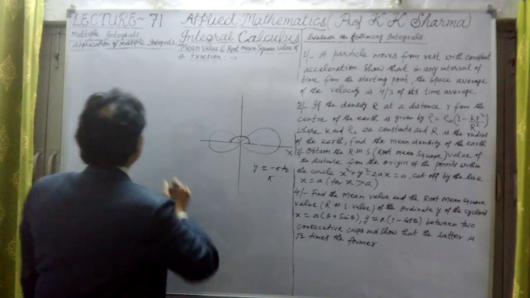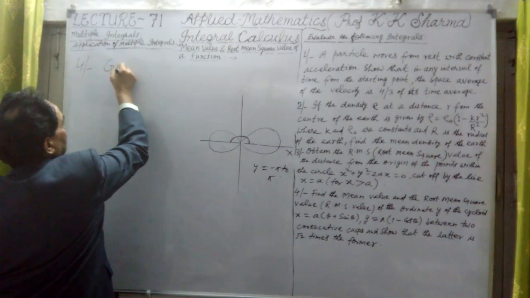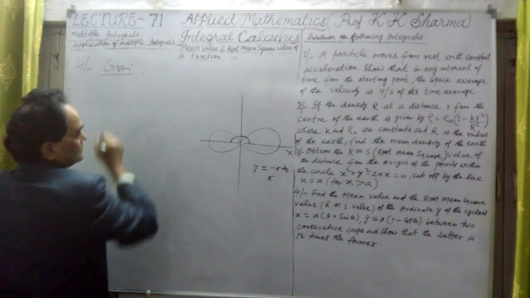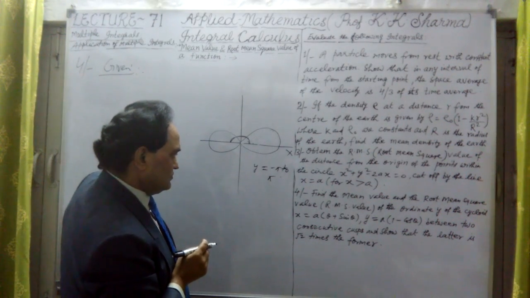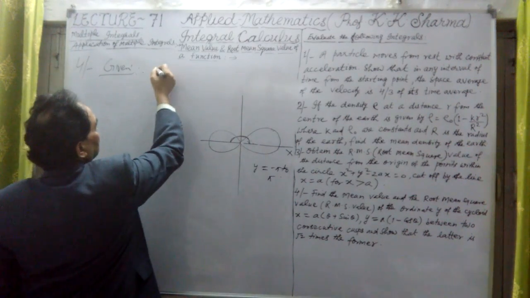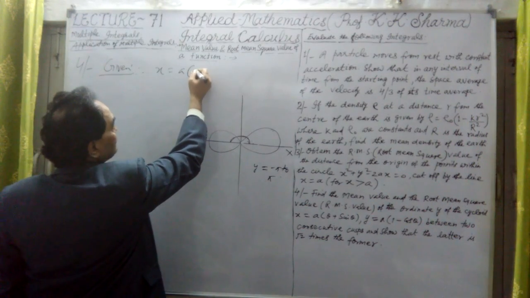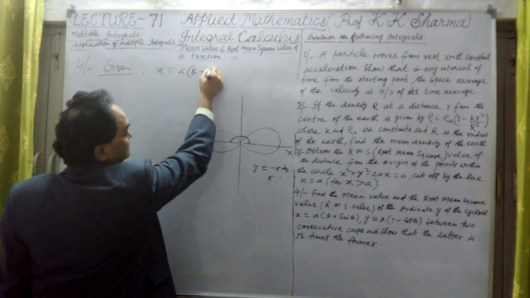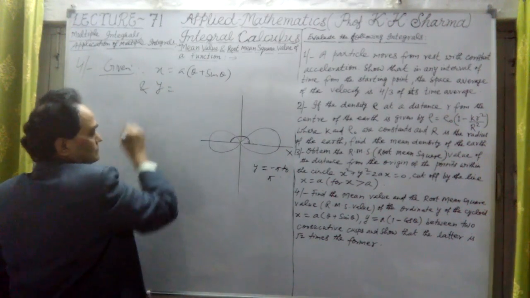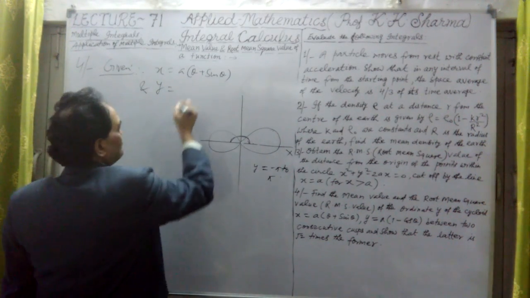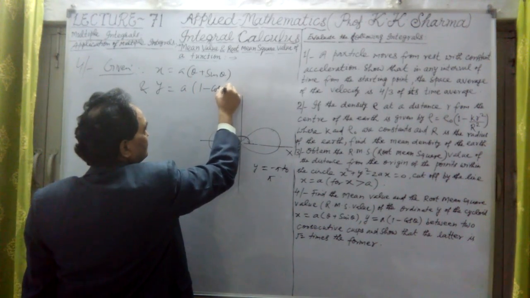So what is the root mean square value? First, the mean square value. Let me take what is given to us in question number 4. What are the ordinates here? y is the ordinate, and the cycloid is x equal to a into theta plus sine theta, and y is equal to a into 1 minus cos theta.